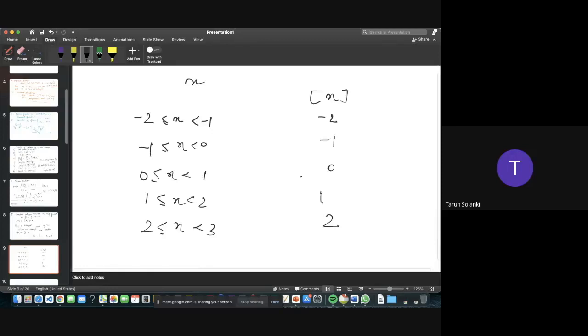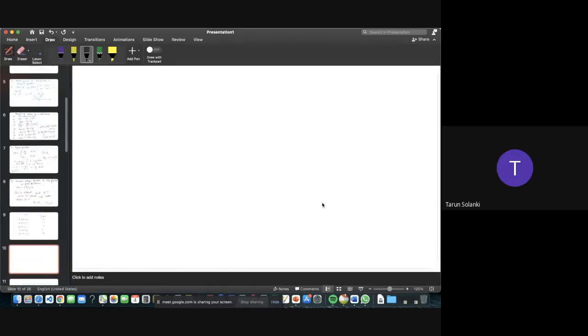So if we talk about the graph, here is the 0, 1, 2, 3, and 4 goes up. Similarly 1, 2, 3, right? So the graph will be like this.